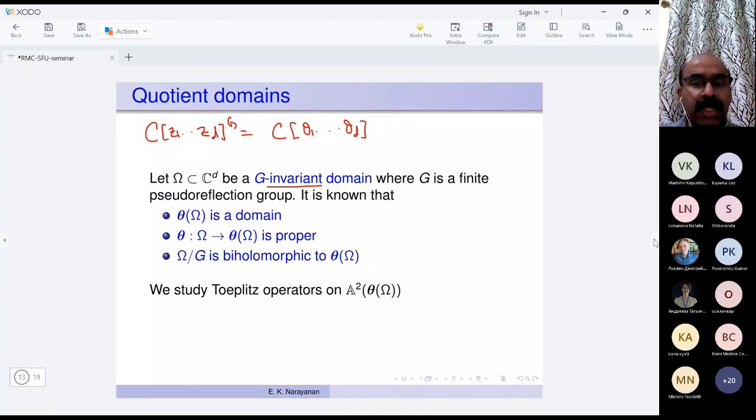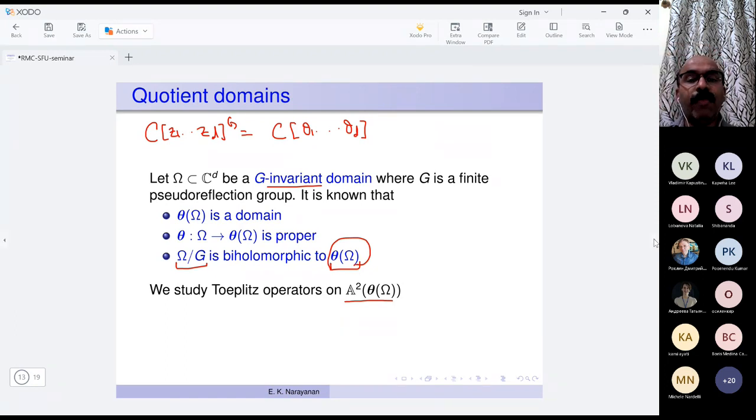These are known results from complex analysis: first of all θ(Ω) is a domain, θ from Ω to θ(Ω) is proper, and Ω/G as a domain is biholomorphic to θ(Ω). Since we are interested in the quotient domains, we'll essentially be looking at θ(Ω). So we study Toeplitz operators on A^2 of θ(Ω).